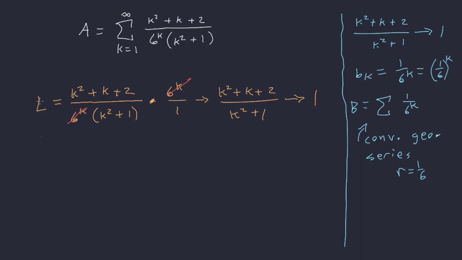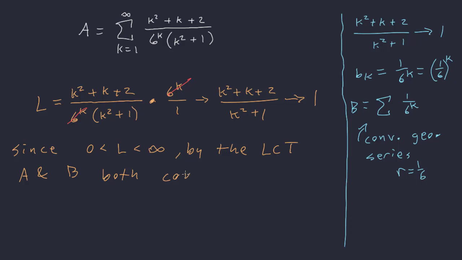So since L is between 0 and infinity, by the limit comparison test, A and B both converge. Why? Because B is a convergent geometric series.